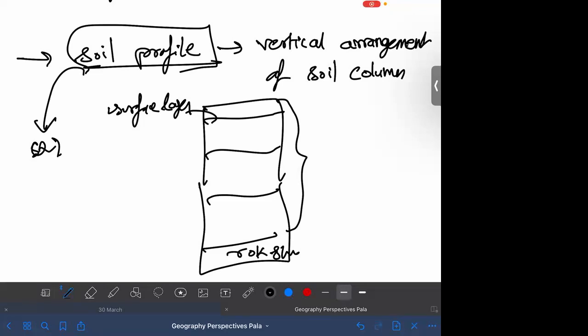Soil is a very dynamic resource, as it adjusts to various natural and man-made changes acting upon it.